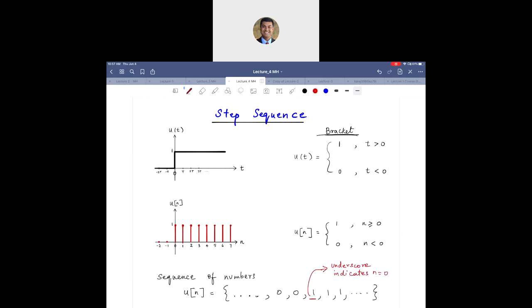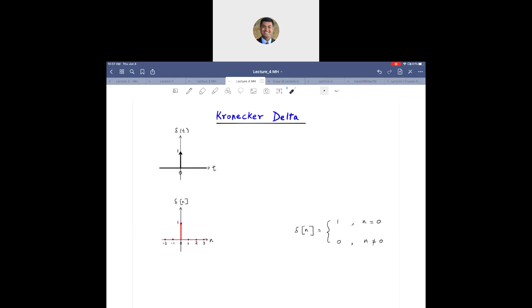So things that are to the right are going to be 1, 2, 3, and so on, increasing integers of n, and to the left are going to be decreasing integers of n, negative 1, negative 2, and so on. The underscore is what indicates n equals 0. So if you were asked to sketch this from the sequence of numbers notation, we can quickly do that. That's your step sequence. Now let's talk about the Kronecker delta function, also called the unit impulse.